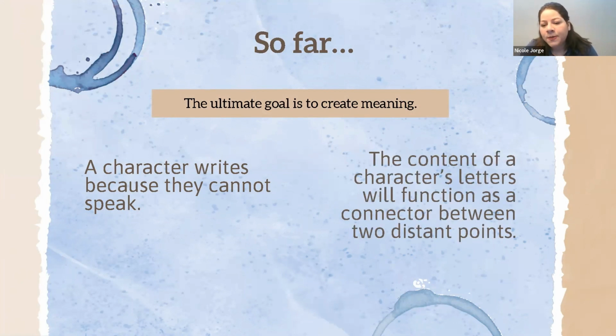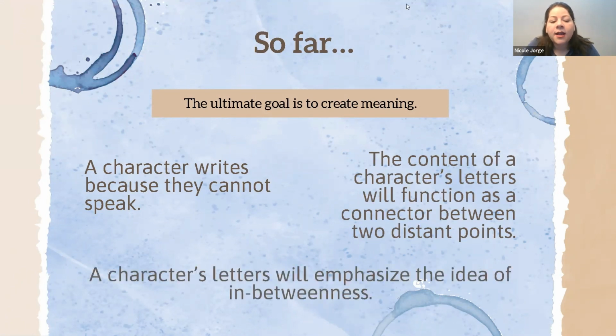And it is our job to decide if we want to focus on this connection as a bridge or as a separation. And finally, a character's letters will emphasize the idea of in-betweenness. It's the beauty of this character being in between, and the letter is in between. And there's this message that even the external reader is eavesdropping, and so he's in between as well.